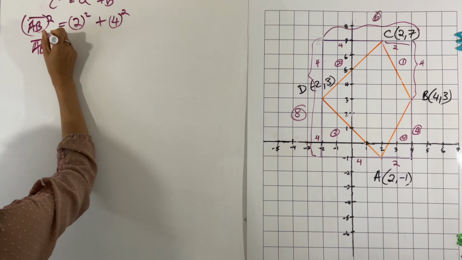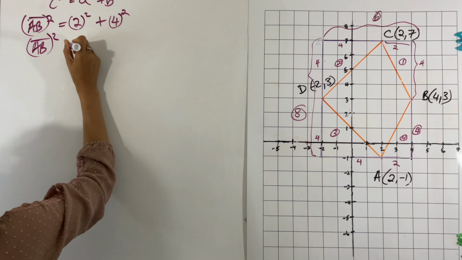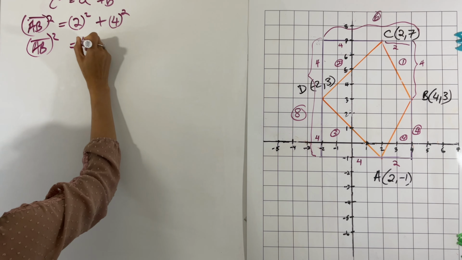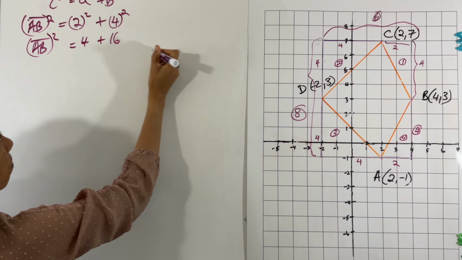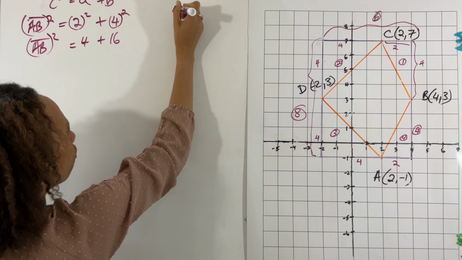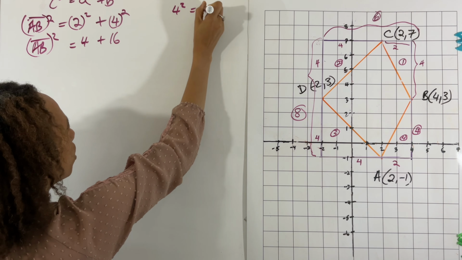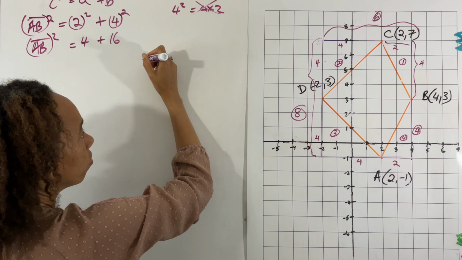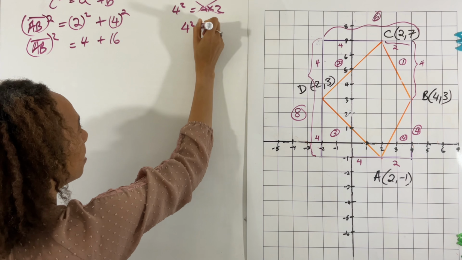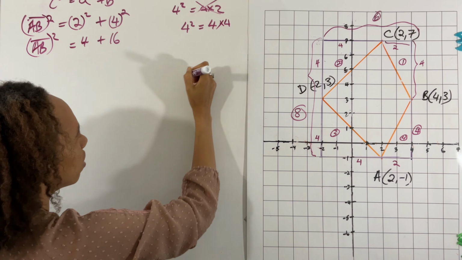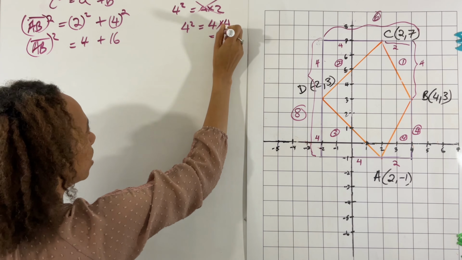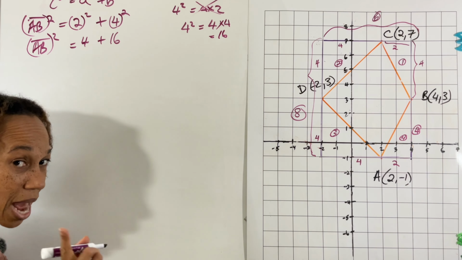Then segment AB squared is equal to 2 to the second power is 4, and 4 to the second power is 16. Please do not tell me, oh, 4 to the second power is 4 times 2. No. 4 to the second power is simply telling you that you're going to multiply 4 two times. And that is going to give you 16. Please don't make that mistake.